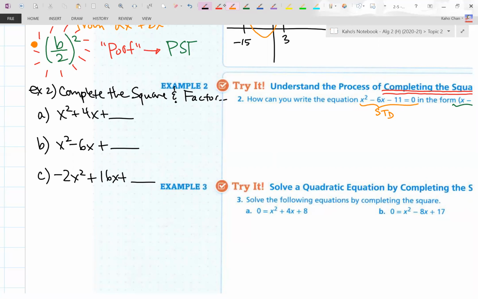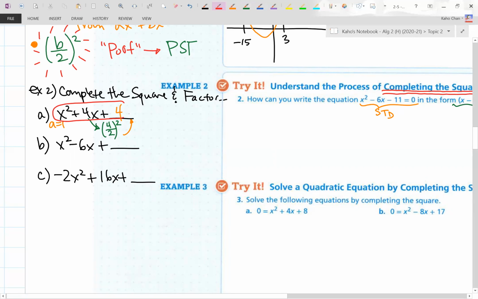All right. Step 1, check to see if A is 1. Yep, great. Step 2, take half of B and square it. B is 4, half of it, divide by 2, and you square it. When you square it, you produce, let's see, 4 over 2 is 2, 2 squared is 4. Bam. Guess what? This is a perfect square trinomial we just created.